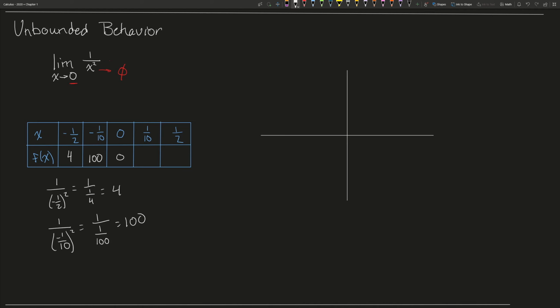Again, 0 is some undefined value, and then we work from the other side. When we plug in positive 1/10, again we get 100. When we plug in positive 1/2, we get 4.